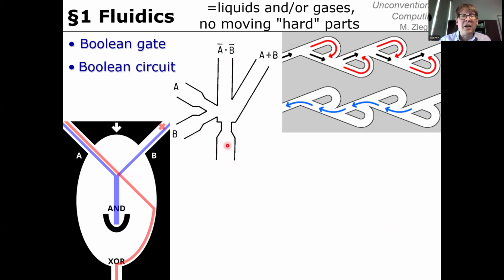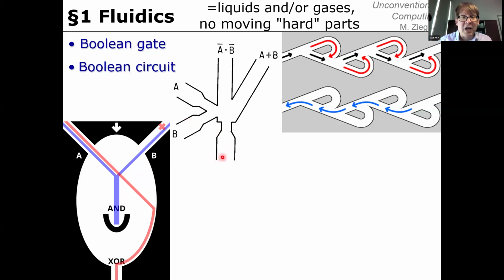This is like the power supply. Our digital electronic circuits need a power supply, right? And in fluidics, the power supply is a high pressure stream that is always powered. And these A and B are the control streams.